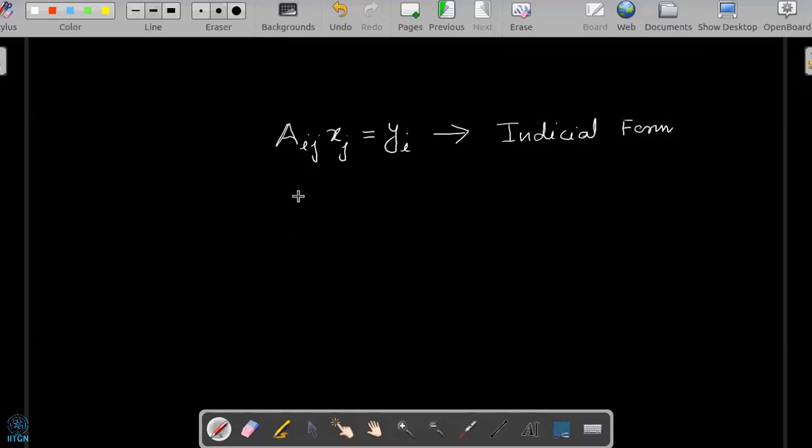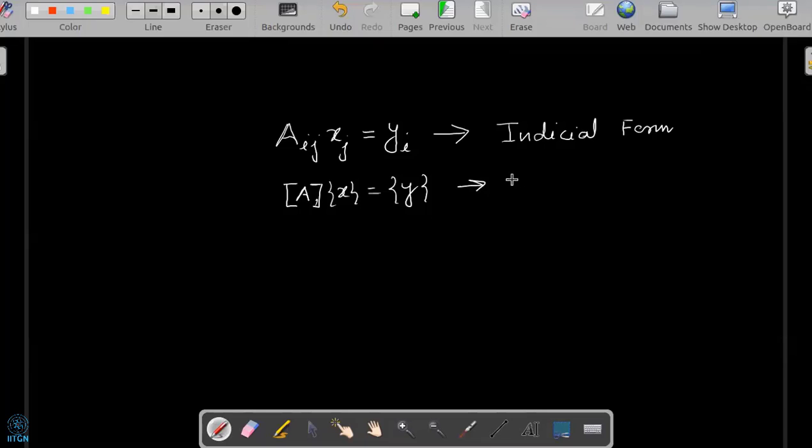The same equation I can write as a matrix, and this form is the same. Both equations are the same, but with different representations.